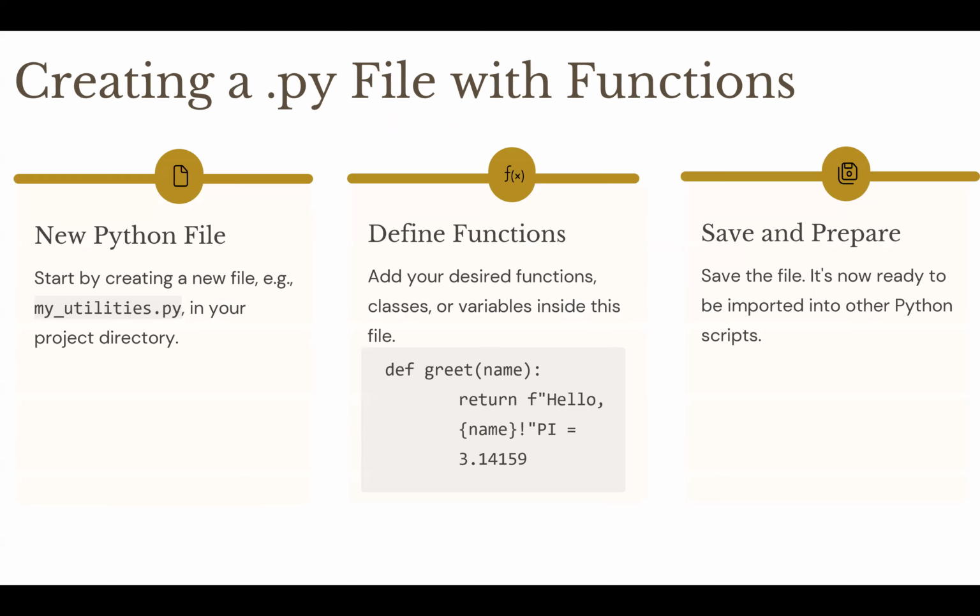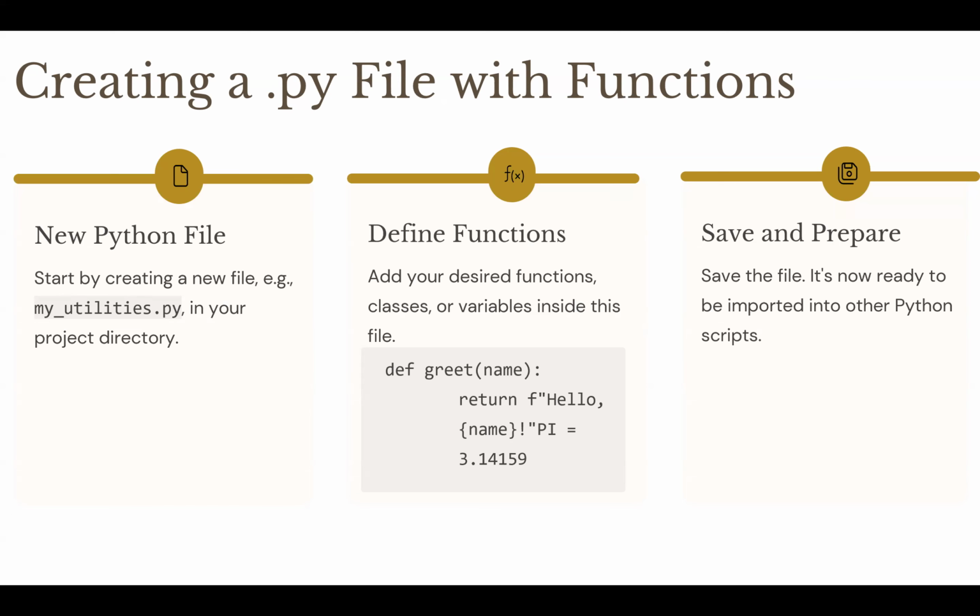Okay, next, how to create a .py file with some functions when creating a user-defined module. First step, we have to create a new Python file. How to create it? Take any text editor and write the code, functions, variables, classes, whatever you want to put in that file.